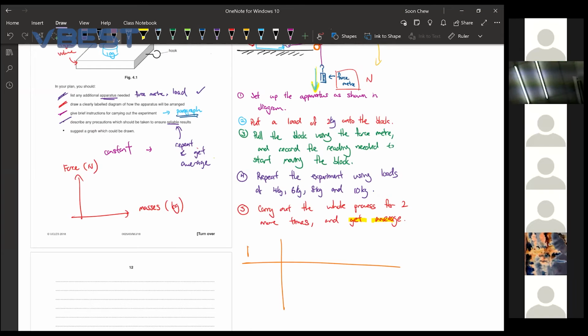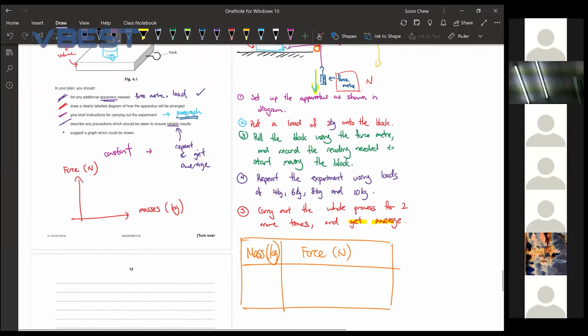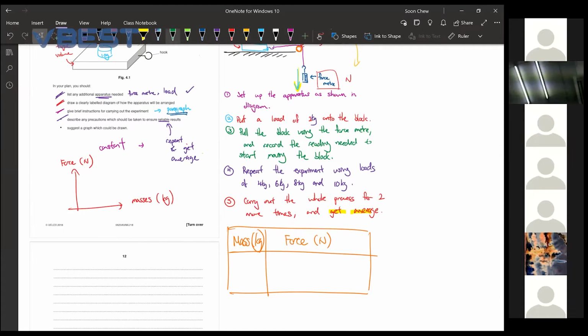I have my masses in kg, then another thing I measured is the force in Newton only. So your table will look something very simple like this. But inside your table, you should record any measurements that you have in your procedure.